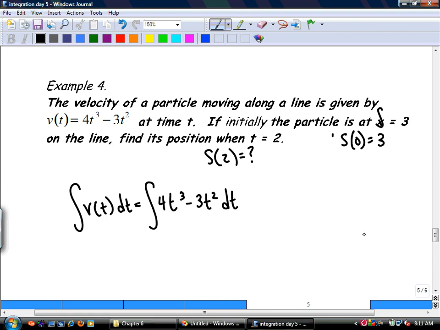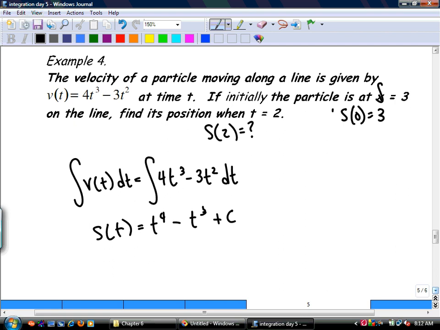So take the antiderivative, you get position. You get t to the 4th minus t cubed plus c. So when t is 0, the y value is 3, or x value is 3, or s value is 3, so you get c equals 3.